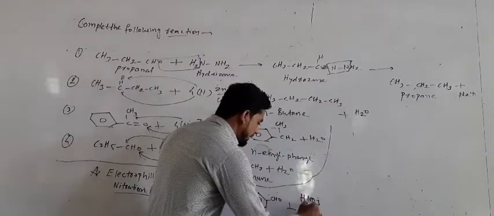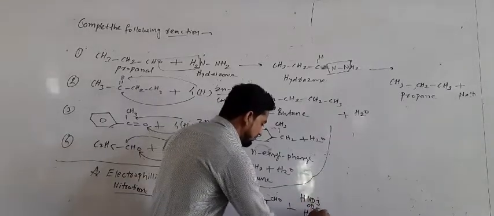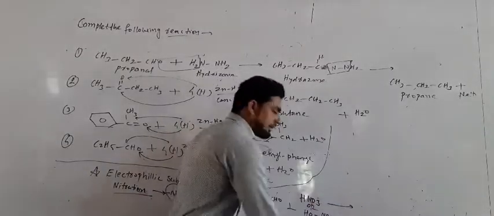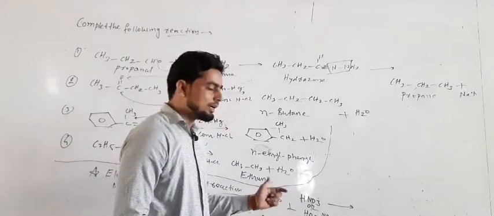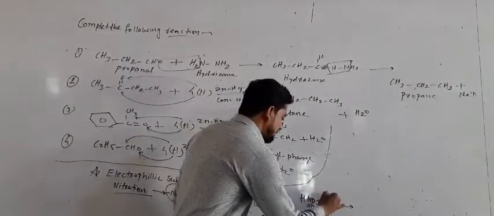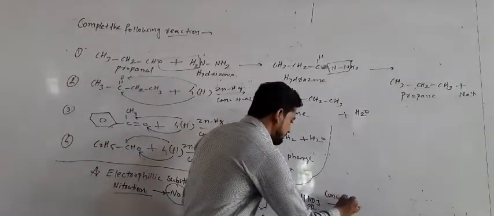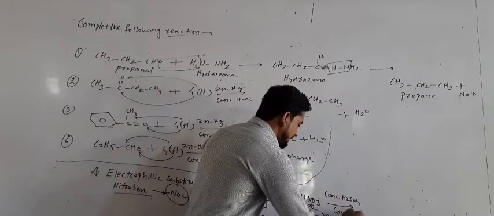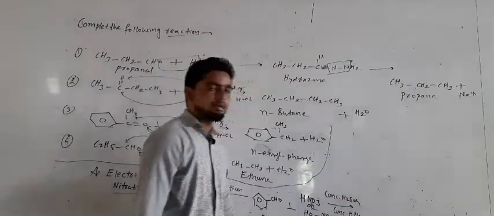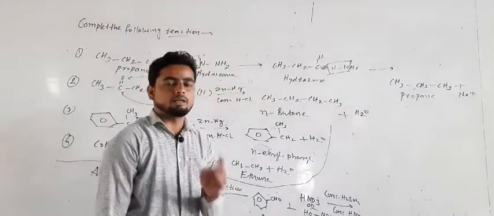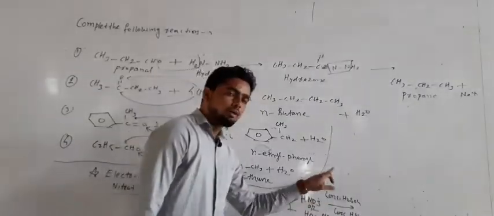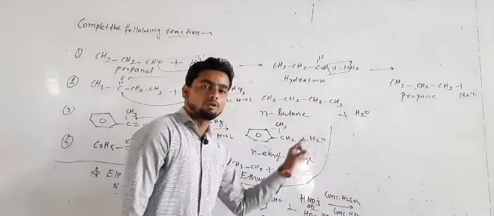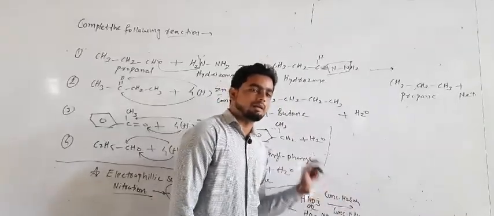It is also written in the form of HONO2, called nitric acid. This reaction takes place in the presence of a nitrating mixture, like concentrated H2SO4 and concentrated HNO3, called the nitrating mixture. The mixture contains two acids. One is concentrated sulfuric acid, H2SO4, and the second is concentrated nitric acid, called the nitrating mixture.